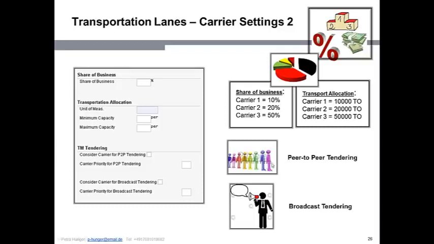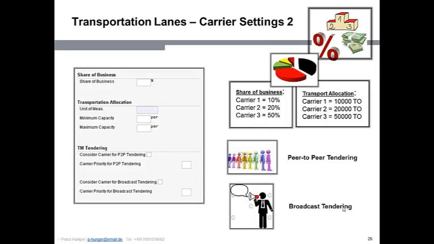Basically that's what it means. First, you send your tender to the first carrier, and you're waiting for his response or not. If he's responding, then you send it to the second carrier, and so on and so forth. If the first carrier was already giving you a good offer, then you take it. And if not, then you give it to the second carrier.